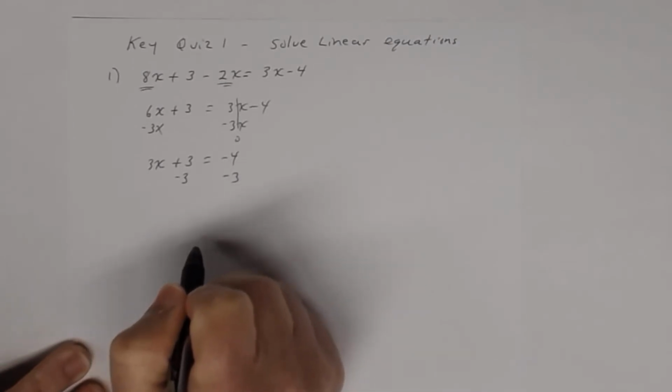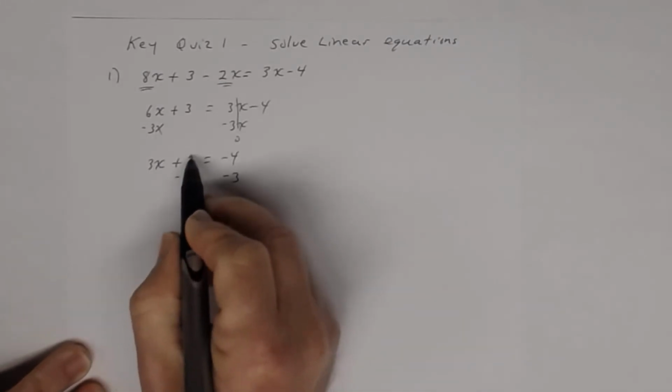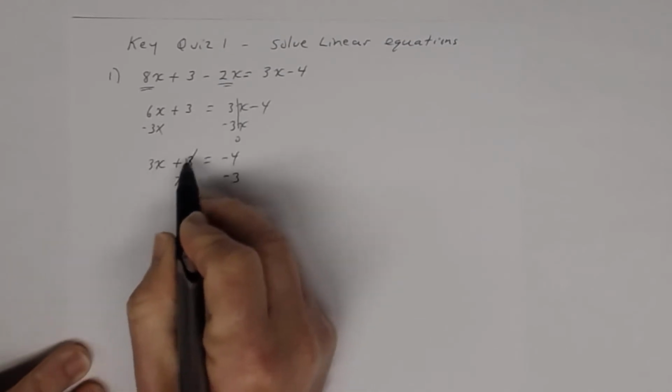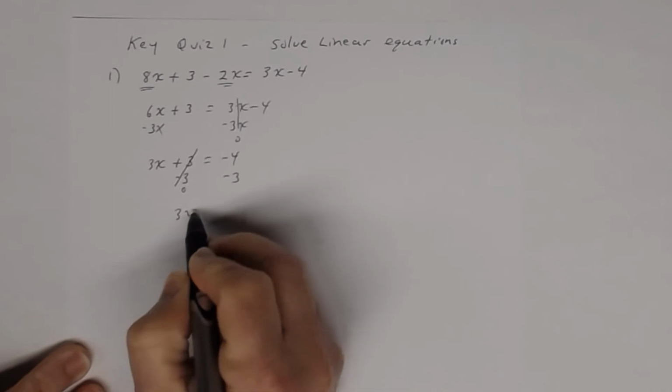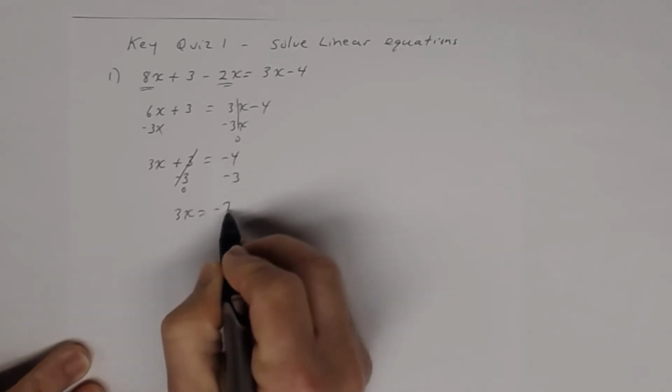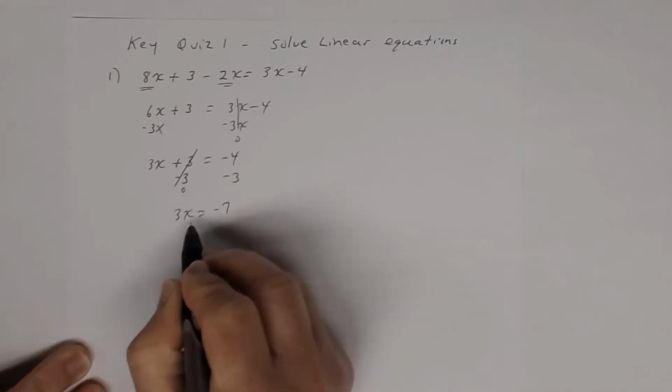And then we're going to combine like terms again. So positive 3 and negative 3 is 0. And so I get 3x plus 0 is 3x equal, and then a negative 4 and a negative 3 is a negative 7. And then finally, we're going to go ahead and solve for x.